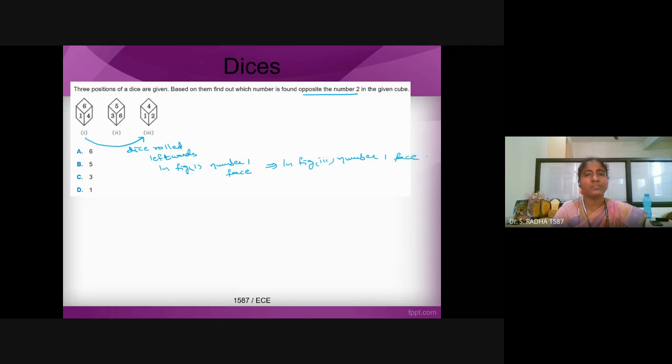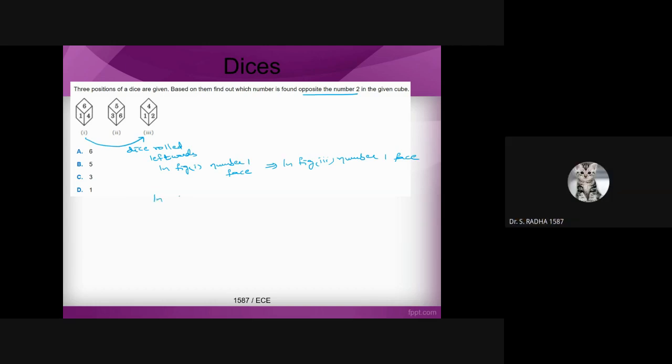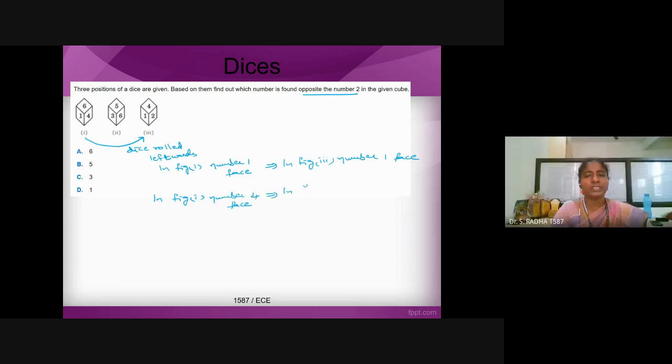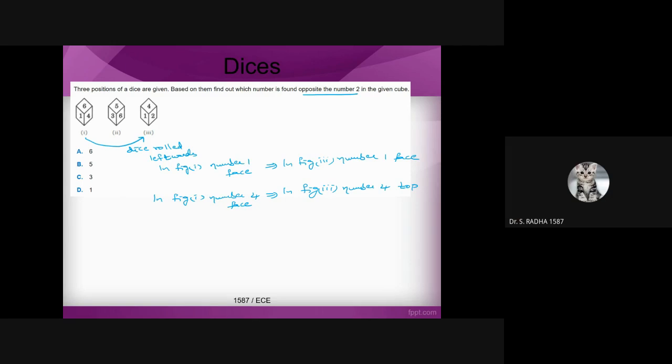Rolling happened leftwards, so the 4 has gone to the top. In figure 1, number 4 is a face, and in figure 3, number 4 has become top. Now, can we identify any other thing?